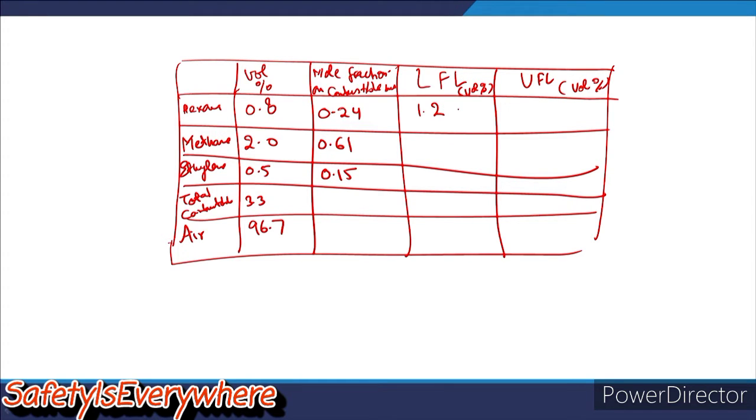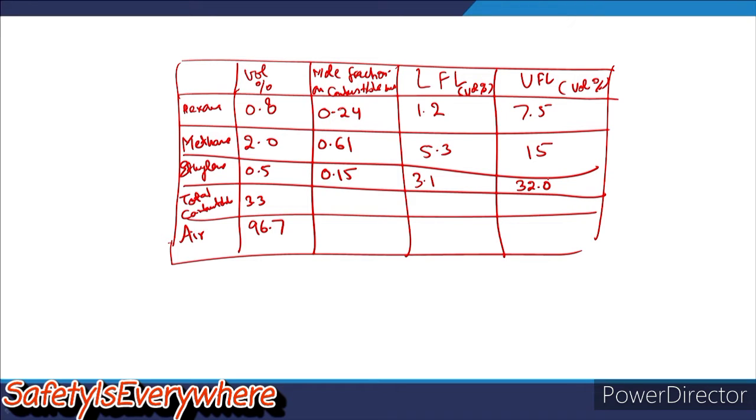So for hexane this is 1.2 and the UFL is 7.5. These are the standard values, and for methane the LFL is 5.3 and UFL is 15, and for ethylene the LFL is 3.1 and UFL is 32.0.